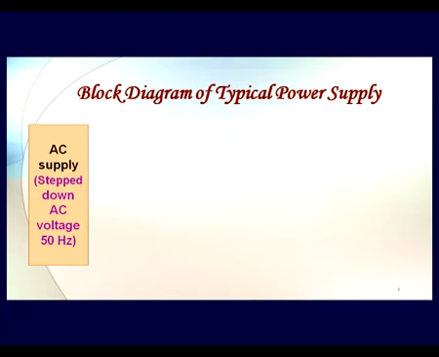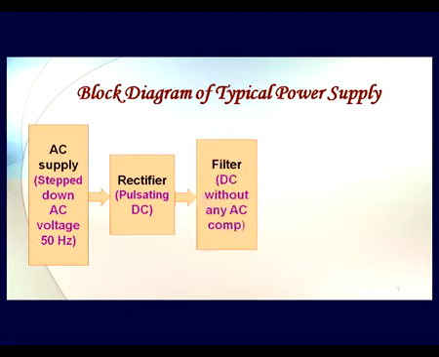We reduce that voltage using a step down circuit, then subject it to a rectifier. That rectifier essentially converts that AC into what is called pulsating DC. There will be a DC component in the output of a rectifier, but along with it certain pulses in the form of an AC component.